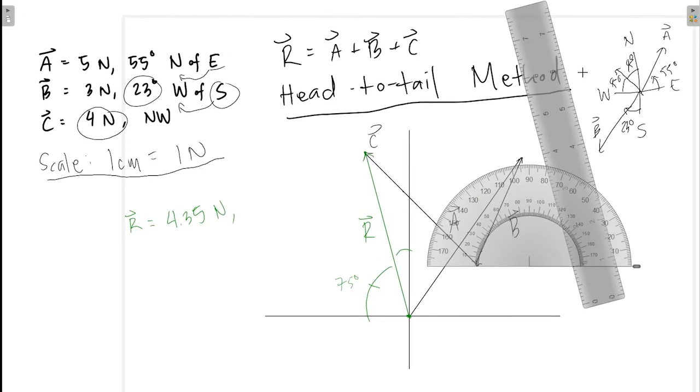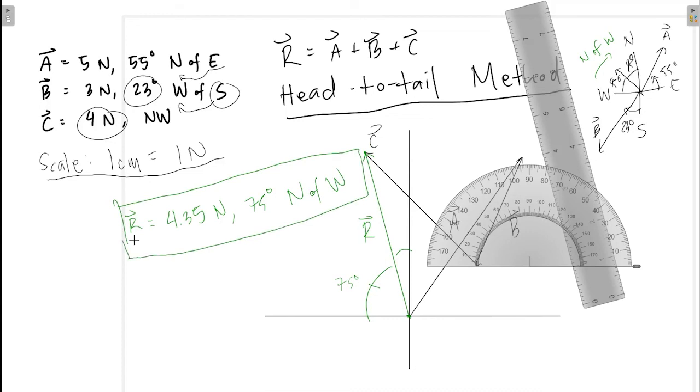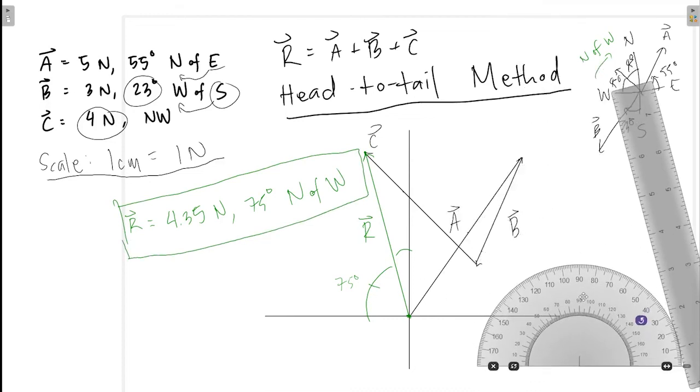Now, using our four directions, north, east, west, south, nagsimula tayo sa west. Papunta tayong north, so that is north of west. Okay, so we have 75 degrees north of west. So the direction of our resultant vector R is 75 degrees north of west. Nasa north ng west. So this is our resultant vector using our head-to-tail method.